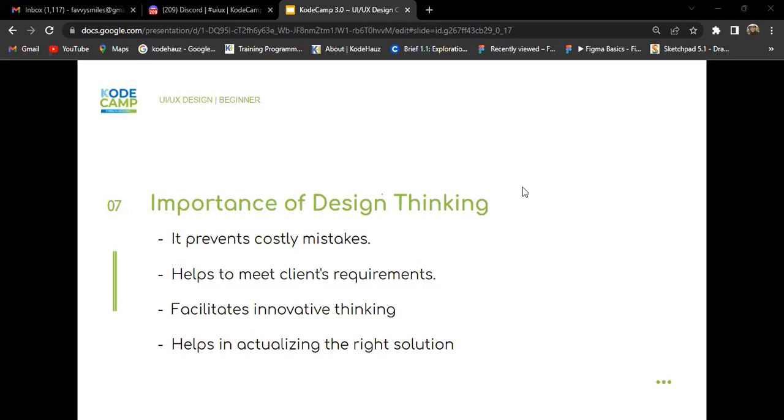Now, the difference between somebody who goes through the design thinking process and someone who does not is going to be very clear. Assuming I am asked to design a particular idea or bring a particular product idea to life, and the first thing I do is jump on my Figma, it's going to get really messy, okay?